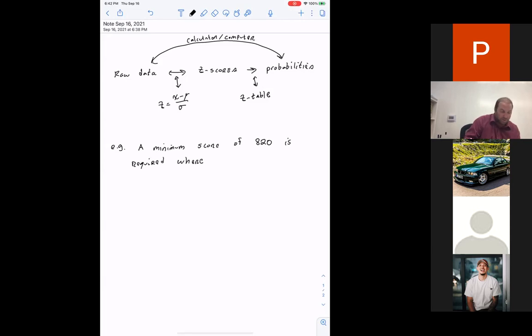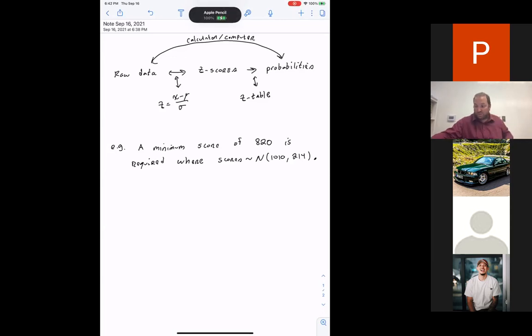Where the scores, and I'm going to introduce a notation here, we do a little wiggle like that, it's called a tilde, capital N, 1010, comma, 214. And that's a shorthand notation.